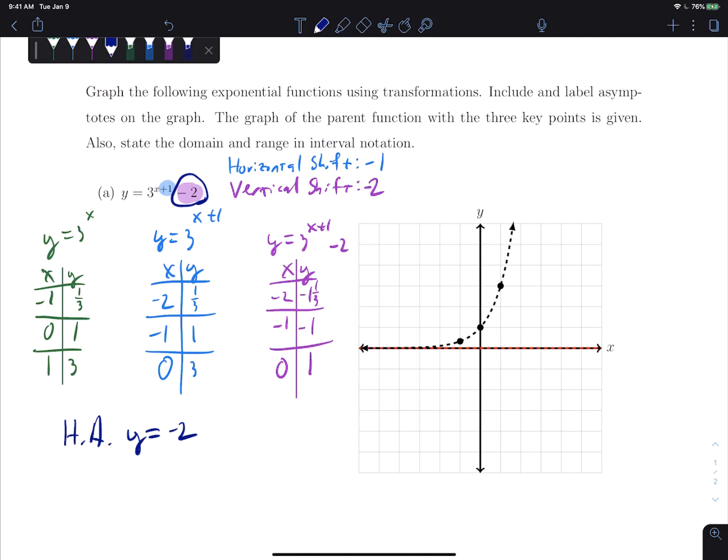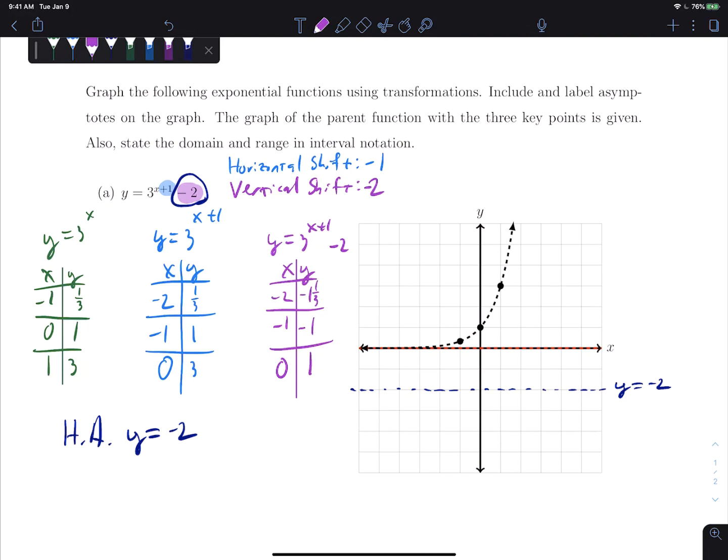Awesome. So the first thing I'm going to do is graph the horizontal asymptote of y equals -2. So that's the new horizontal asymptote. Now let's graph the 3 key points of the final table that we created there.